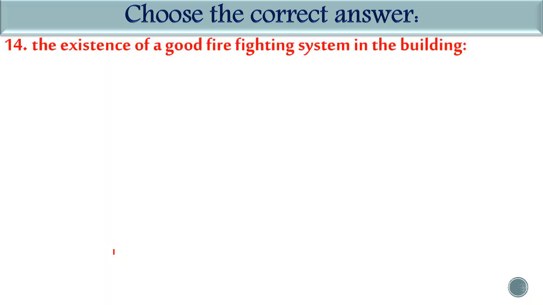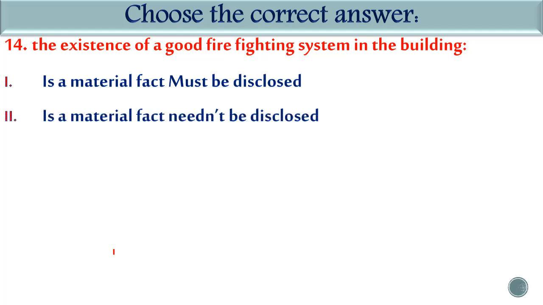Number 14, the existence of a good firefighting system in the building. Is it a material fact that must be disclosed, or a material fact that needn't be disclosed? Facts that needn't be disclosed include facts of common knowledge, facts of public knowledge, and facts that lessen risk, for example, the existence of a good firefighting system in the building.